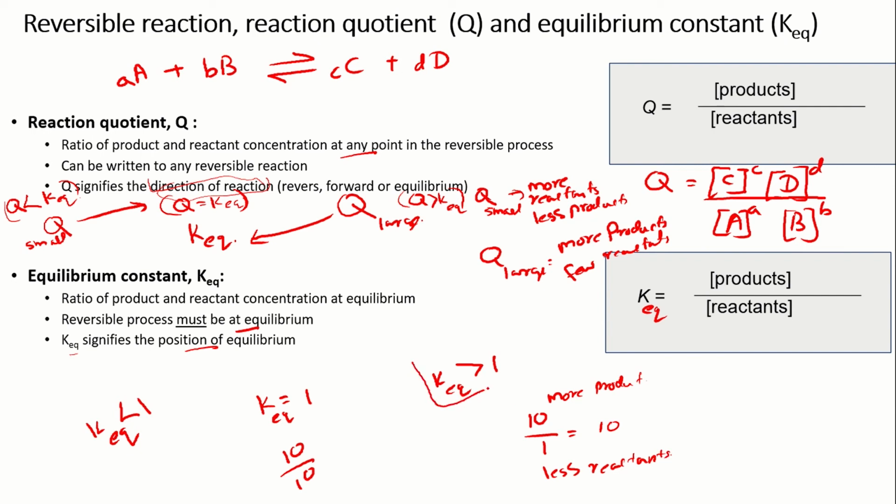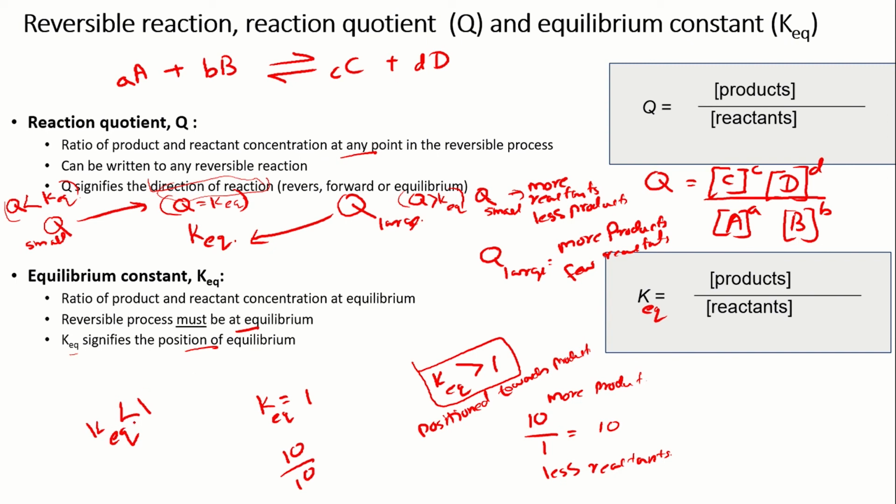So an equilibrium constant larger than 1 signifies that the equilibrium is positioned towards more products. That means when the system is at equilibrium, what you have is more products.